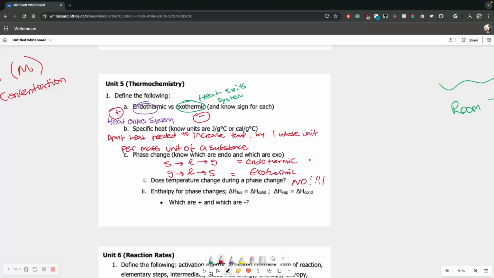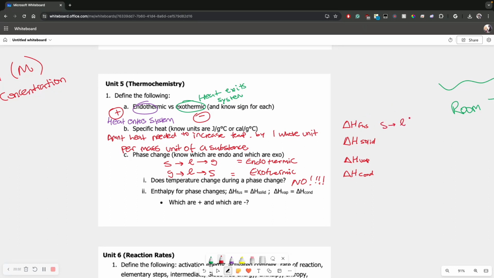Last but not least, we have enthalpy for phase changes, where delta H fusion equals delta H solid, or solidification. And then we have delta H vaporization, and then delta H condensation. So in this case, delta H fusion refers to the solid to liquid, right? Solid to liquid.